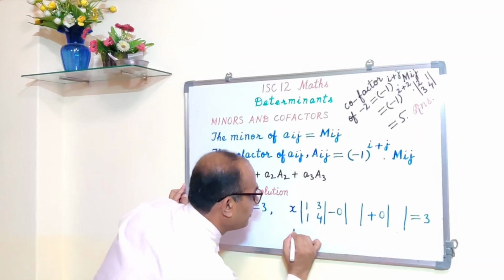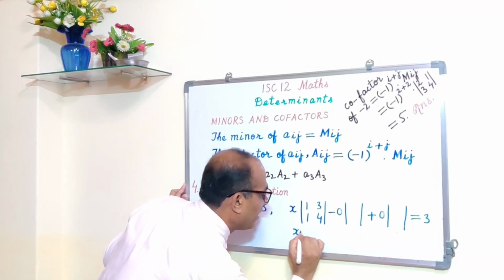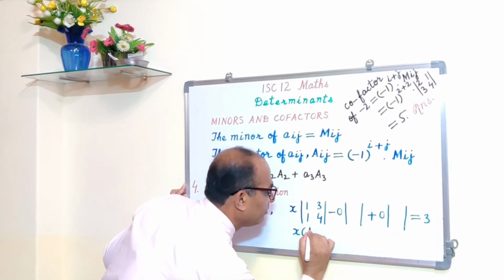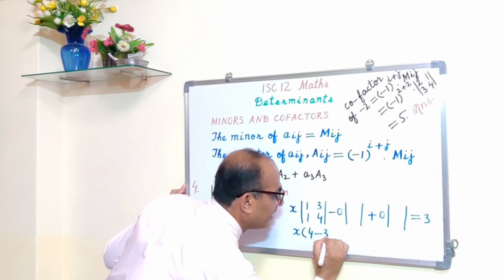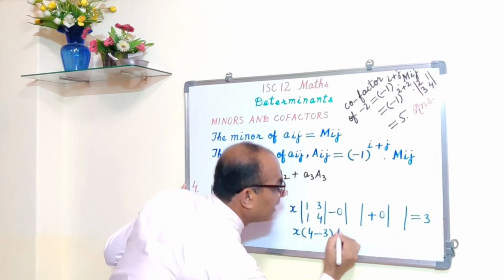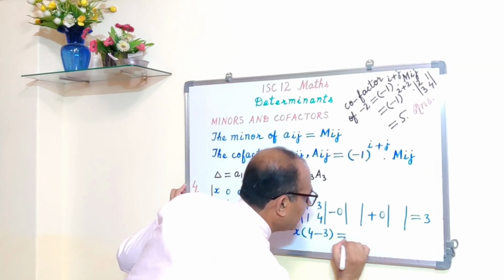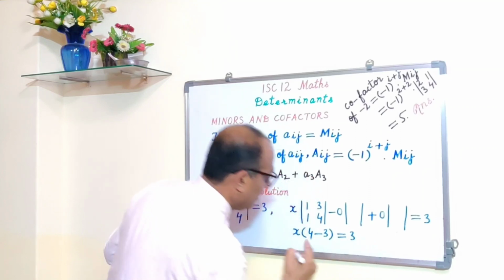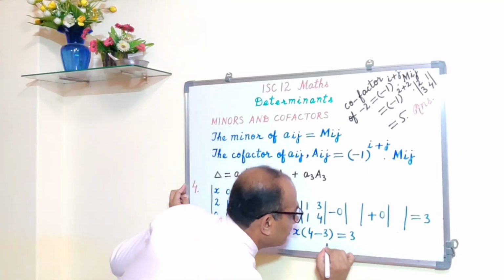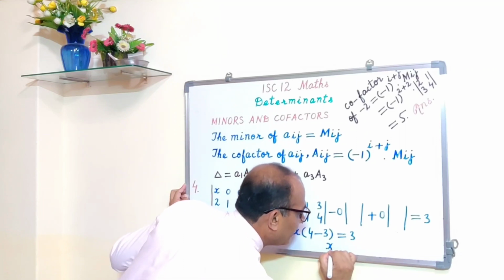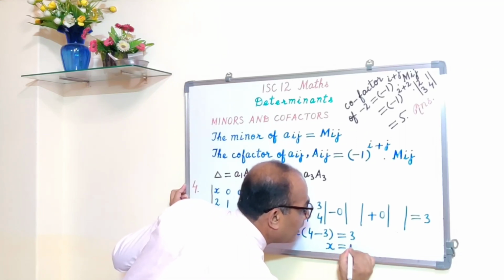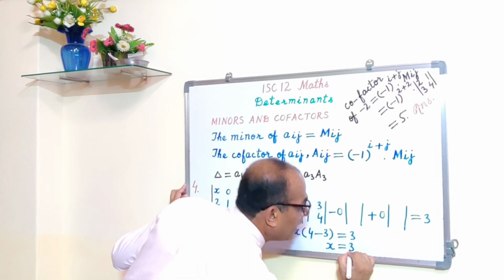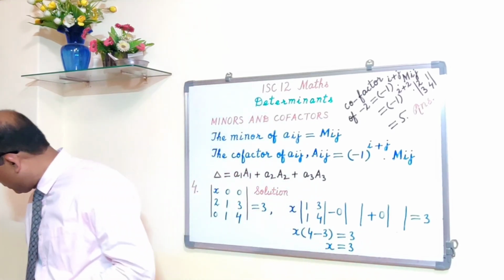So x into 4 minus 3, equal to 3. 4 minus 3 is 1, so x equals 3. This is the answer.